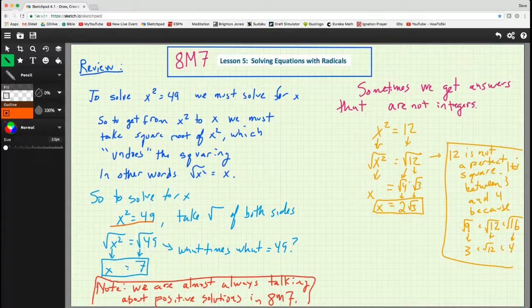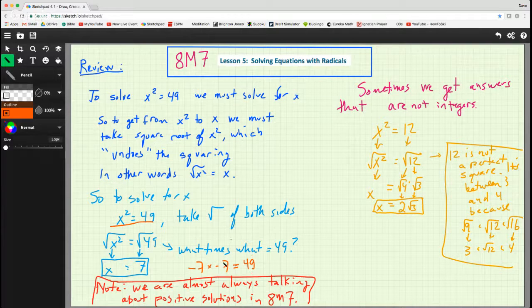Note that we are almost always talking about positive solutions in 8M7, because you might say, oh wait a minute, Mr. Lipscomb, negative 7 times negative 7 also equals 49.